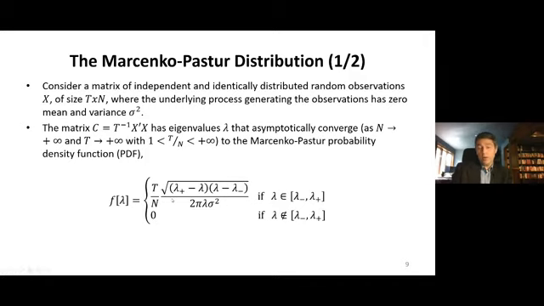And as you can see, the distribution depends on the number of observations T, the number of variables N, the sigma, meaning the variance of the observations, and also these two parameters, lambda plus and lambda minus, where lambda plus is the maximum boundary of the eigenvalues, and lambda minus is the minimum boundary.